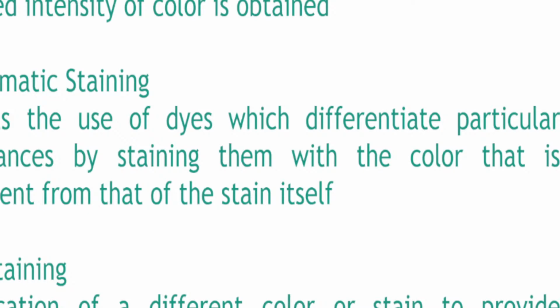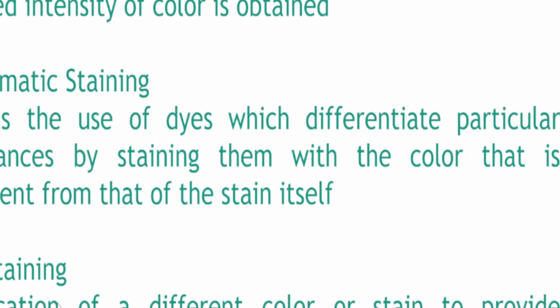Okay. We have also metachromatic staining, which basically means, from the name itself, meta, different colors. It entails the use of dyes which differentiate particular substances in staining with a color that is different from that of the stain itself. So, for example, we have trichrome stains. Trichrome stains are mainly used for parasitology studies, right? Trichrome stains usually are colored blue. Okay, just blue or green, sorry, because it has malachite green in it.